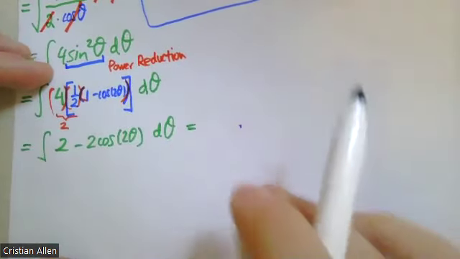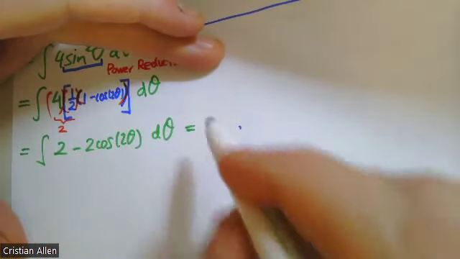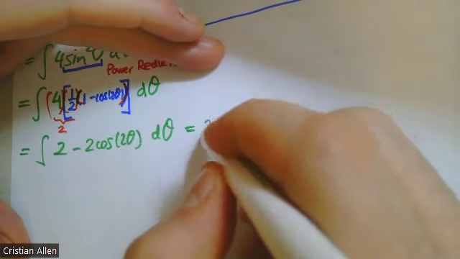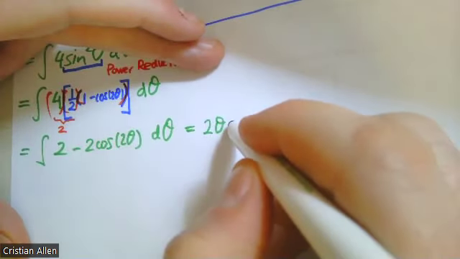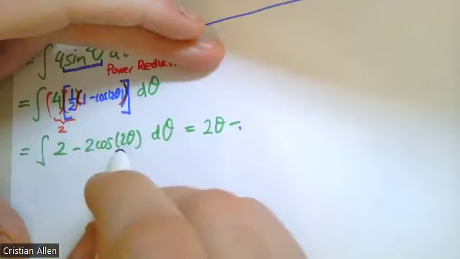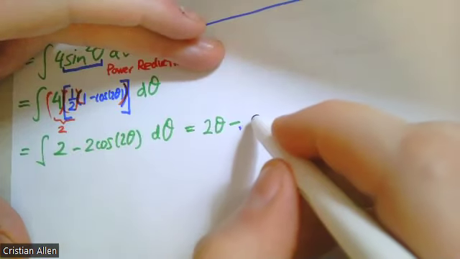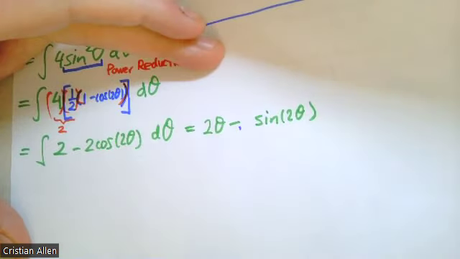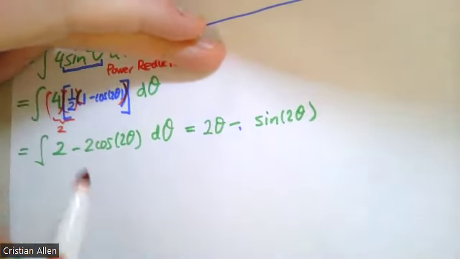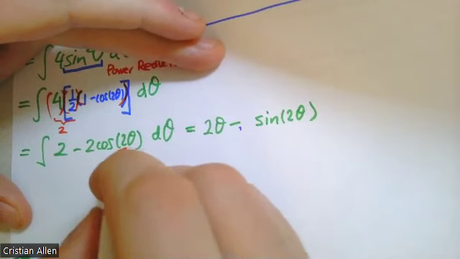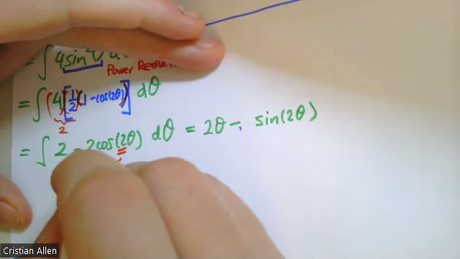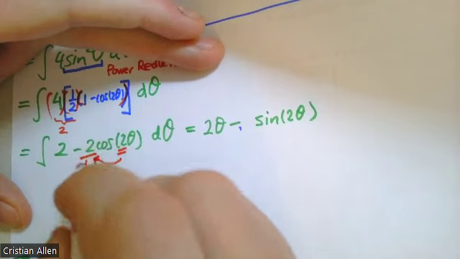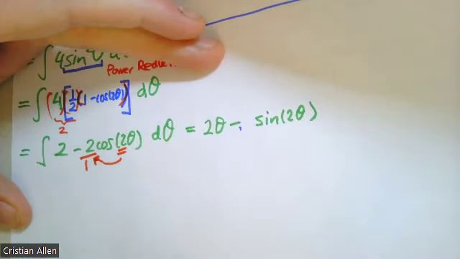Now, here we're going to finally, after a lot of simplification, integrate. 2 becomes 2 theta. Minus, now when you integrate cosine of 2 theta, it's going to be sine 2 theta. But the thing that happens is if there's ever a number, that number comes underneath to hang out underneath the fraction there.